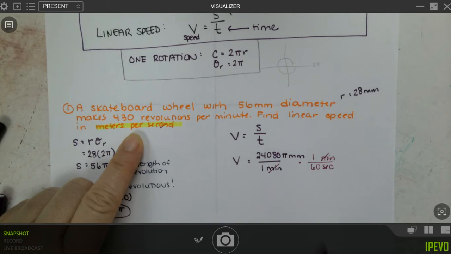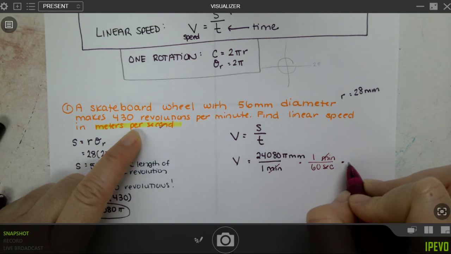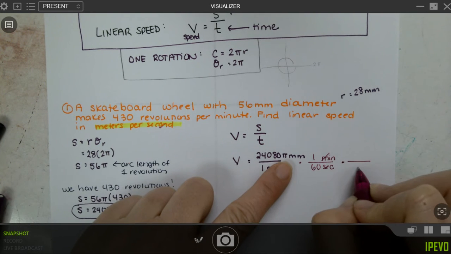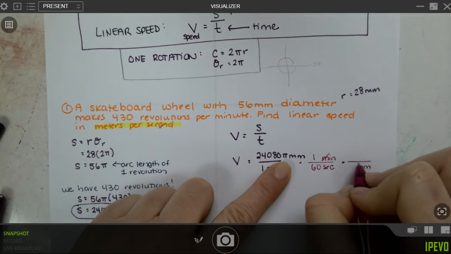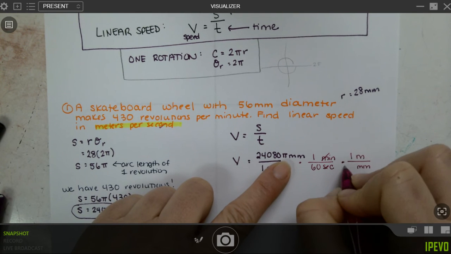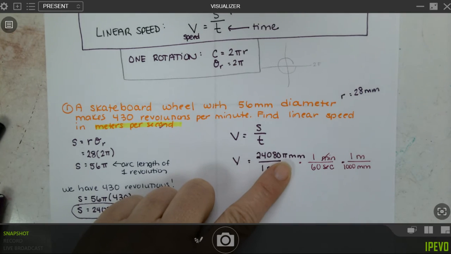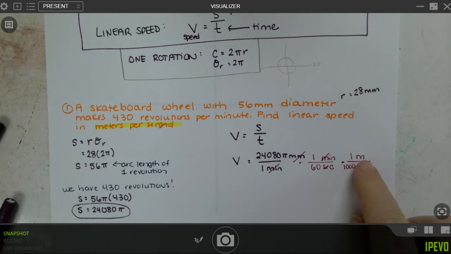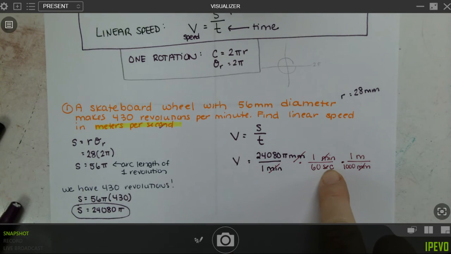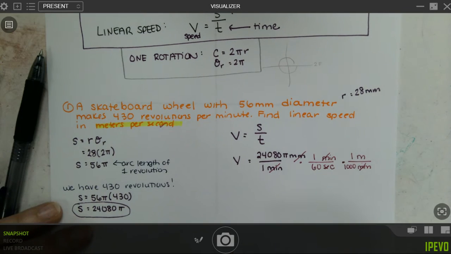Now we need to change millimeters to meters. Since millimeters is in the numerator, I'm going to put millimeters down there. We need 1 meter is 1,000 millimeters. So our millimeters will cancel, and you can see we have meters per second. Now we're going to multiply through.